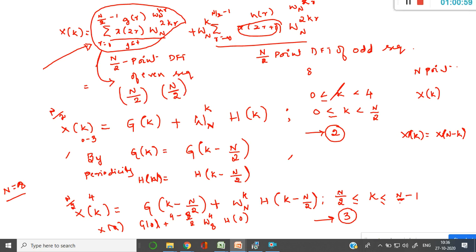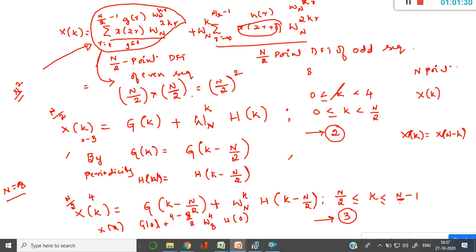Two multiplications, that is in total you are going to get (n/2) whole square multiplications, is it not? Earlier, in direct computation, we used to get n square.